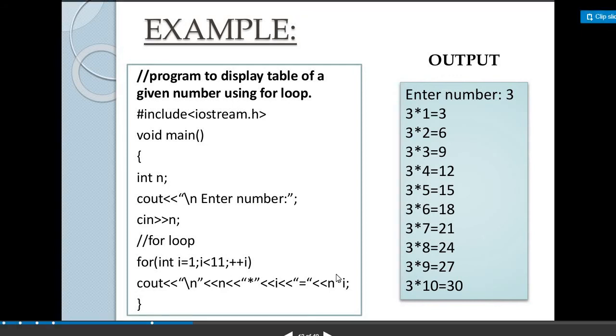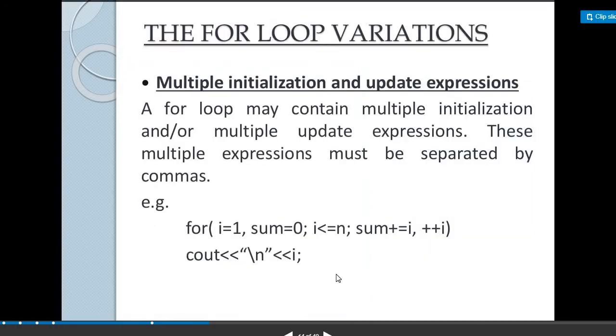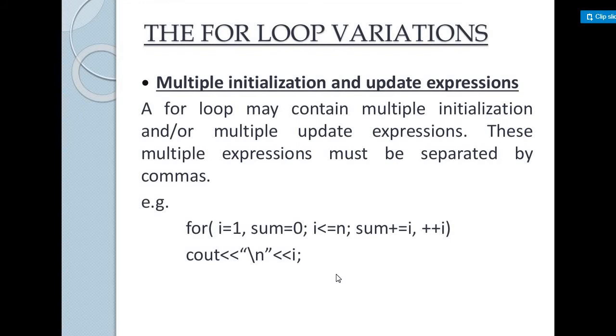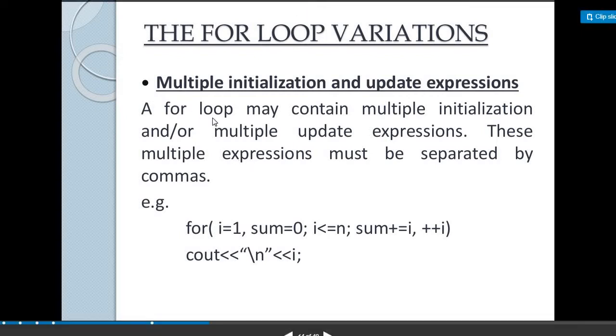Then for loop variations, so multiple initializations and updations. We can also do multiple initializations and updations in a for loop. A for loop may contain multiple initializations and/or multiple updation expressions. These multiple expressions must be separated by commas.